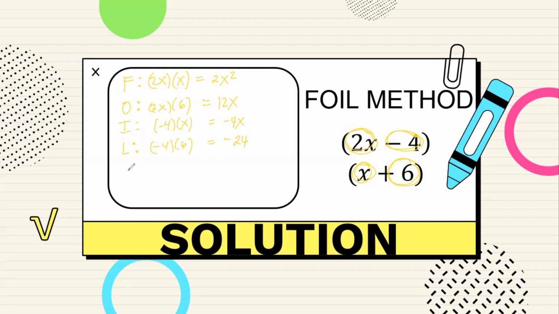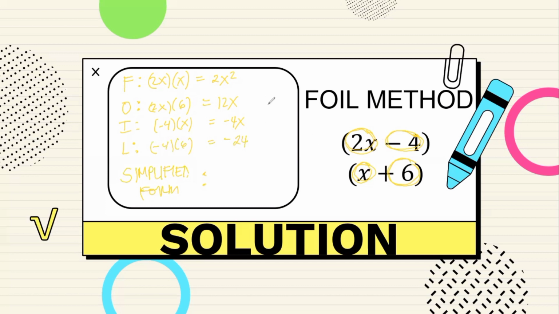Okay, and after that one, we have to simplify our answer in order to get now the simplified form. Okay, simplified form ang tawag natin kapag sinisimplify na natin yung polynomial. Okay, or kinukuha na natin yung product nung dalawang expressions.